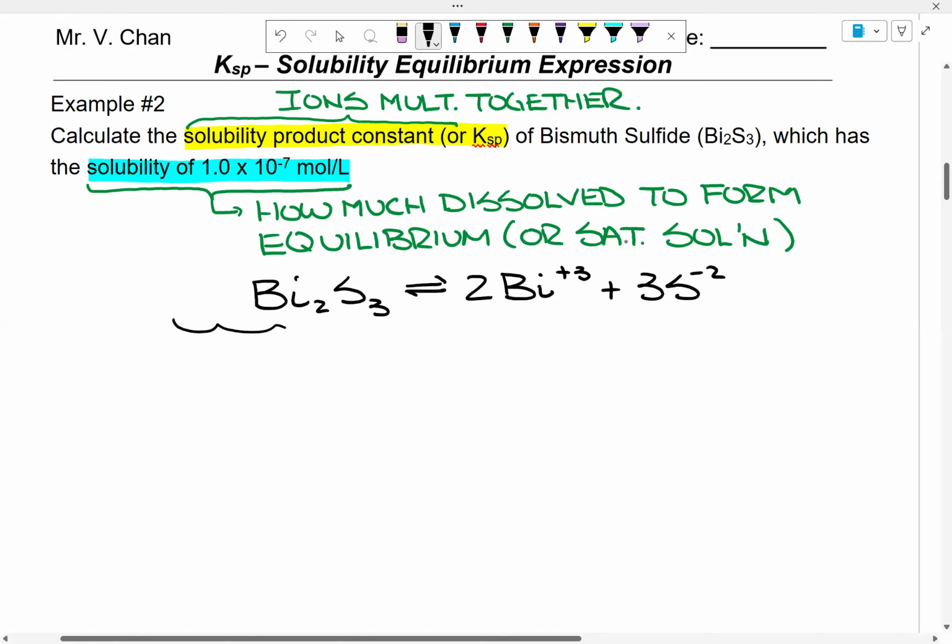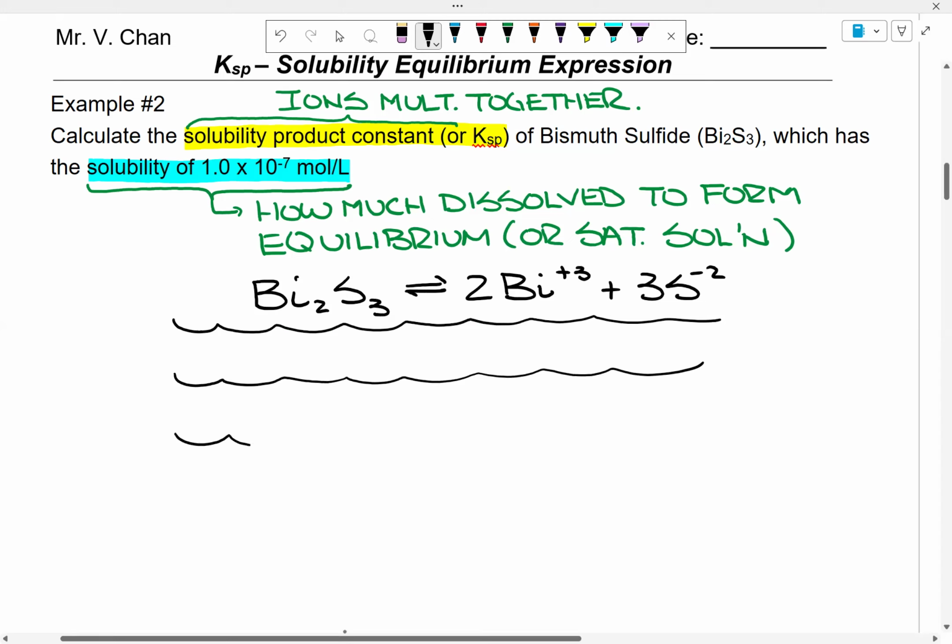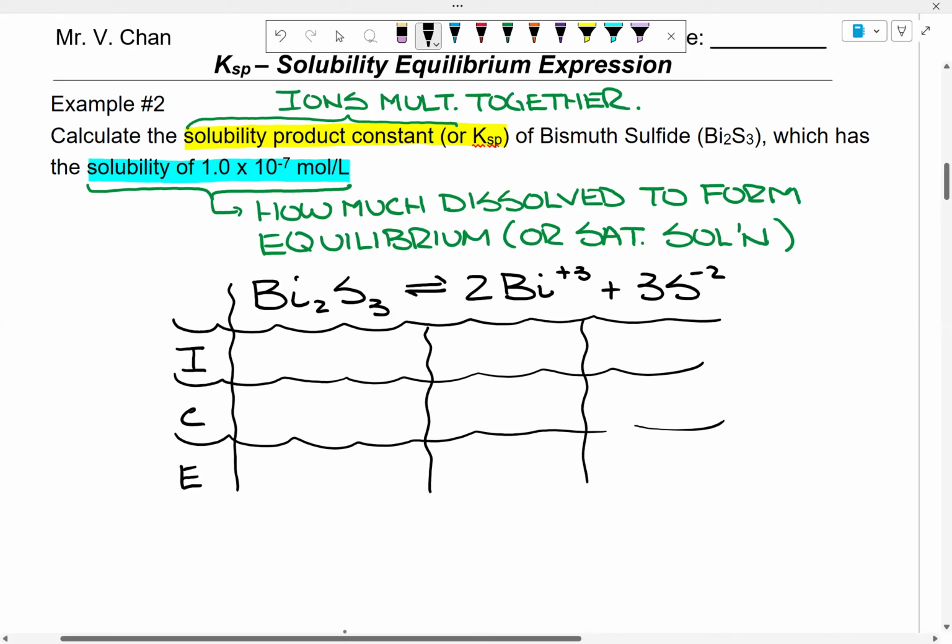Since we're doing equilibrium calculations, we have to set up our ice tables. Gotta love ice tables. Okay, in this particular case, we're going to start off at 0 because originally there are no ions in solution.